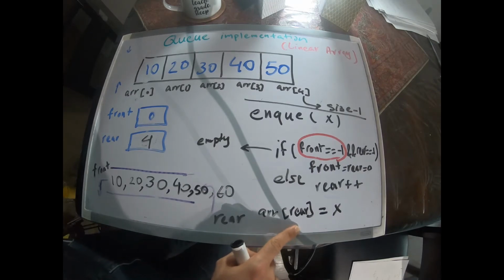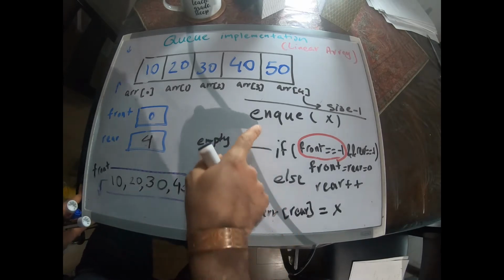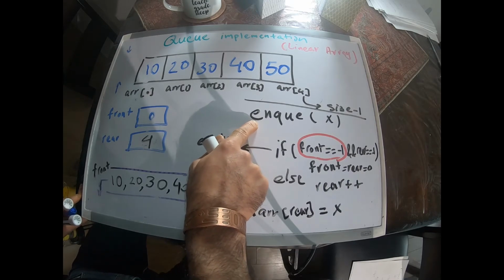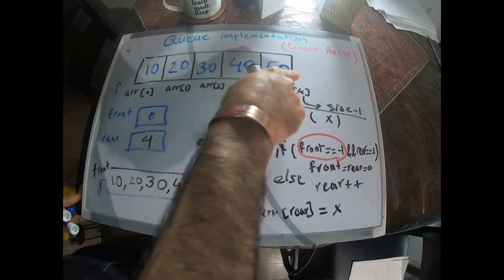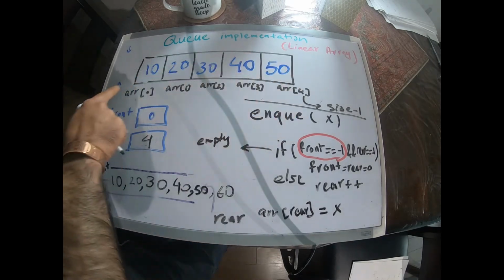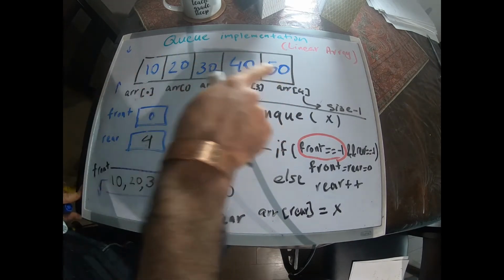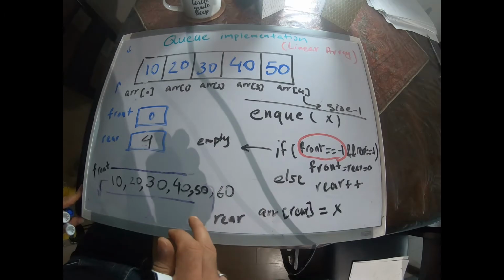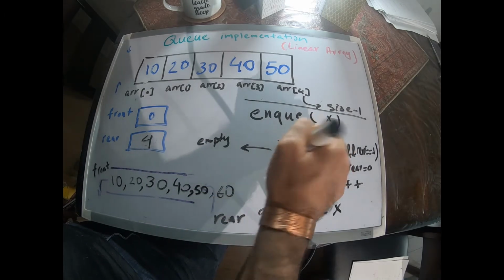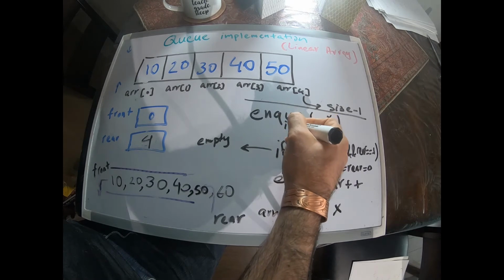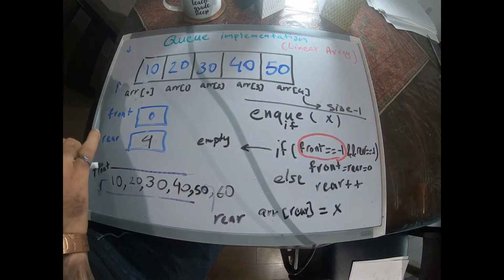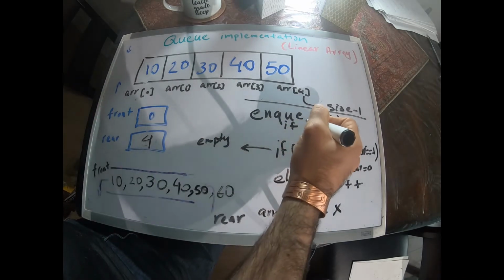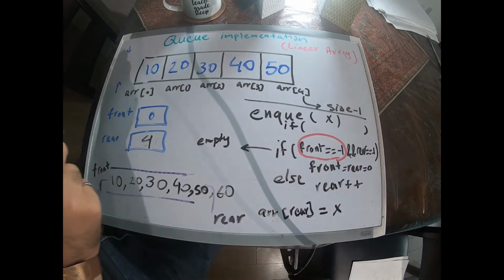So as mentioned in the previous video, whenever we want to enqueue, we have to make sure what the precondition for enqueuing is. We have to make sure that our queue is not full. Otherwise, we're going to have overflow, right? So what should we do before doing any of these? We have to check if our queue is not full. In the linear array implementation, what should be the condition to check if the queue is full or not?